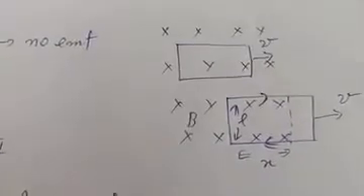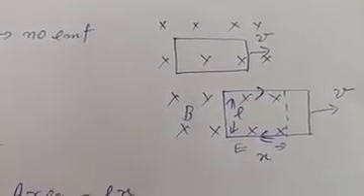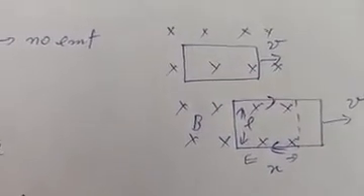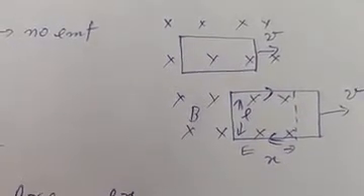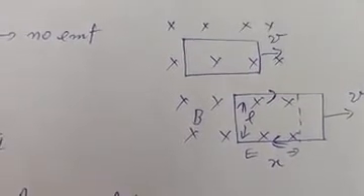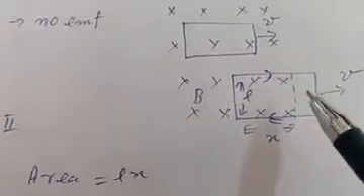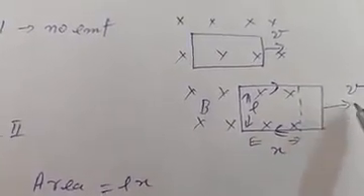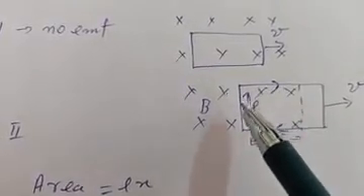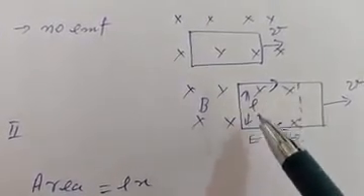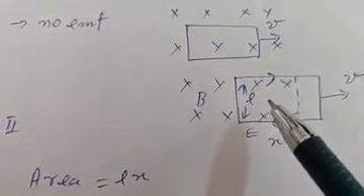Now, what will be the direction of the current? It can be explained in many ways. I am explaining a few ways. First, in terms of flux. This coil is moving outward, so the area which is in this magnetic field is decreasing. So you can say flux is decreasing.